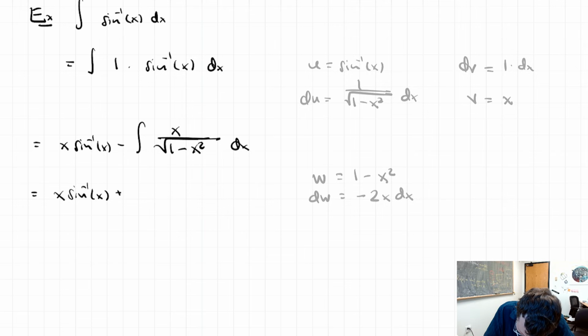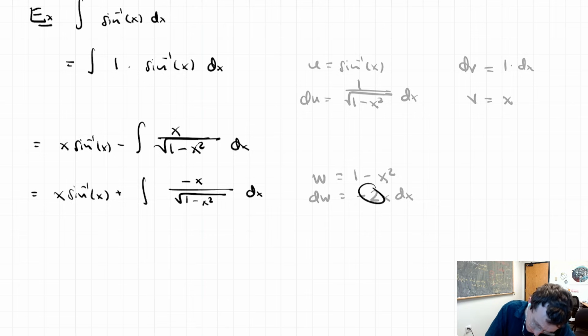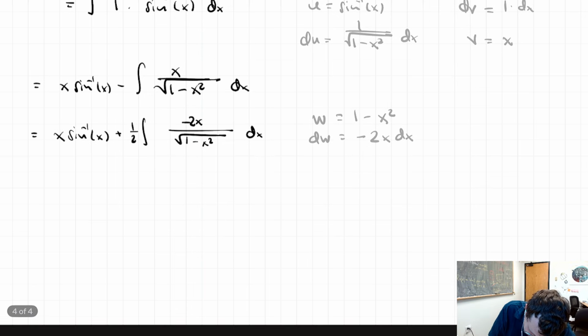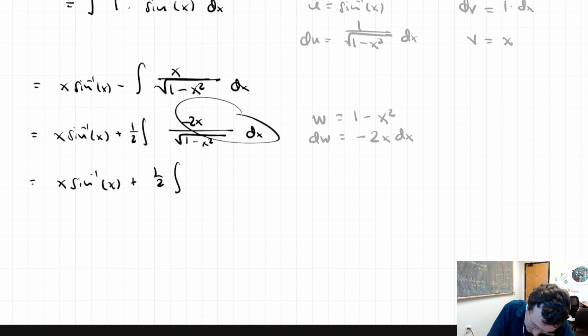And then I also wanted a 2, so let's throw in a 2, and then also a 1/2. And now we've got 1/2 times the integral of dw over root w.